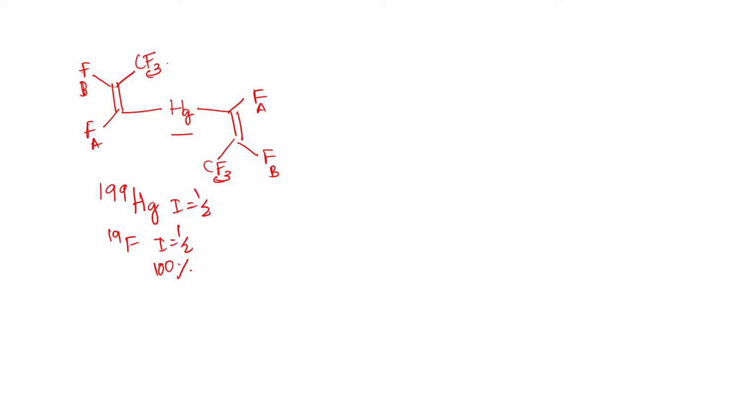The first one is 2 bonds apart. First, mercury is coupled with this one to give a triplet, that is with Fa. So something like this, you can designate as Fa mercury coupling.